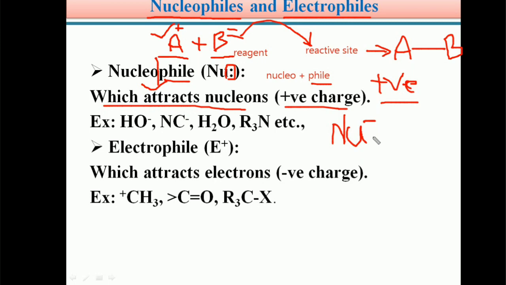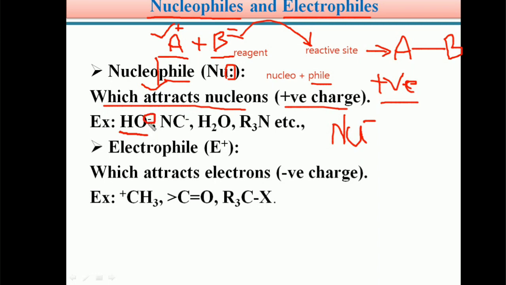So students, in organic chemistry, generally the species which has a negative charge, or the species which has a lone pair of electrons, acts as a nucleophile. For example, students, OH minus, the hydroxide ion. Here a negative charge is present.